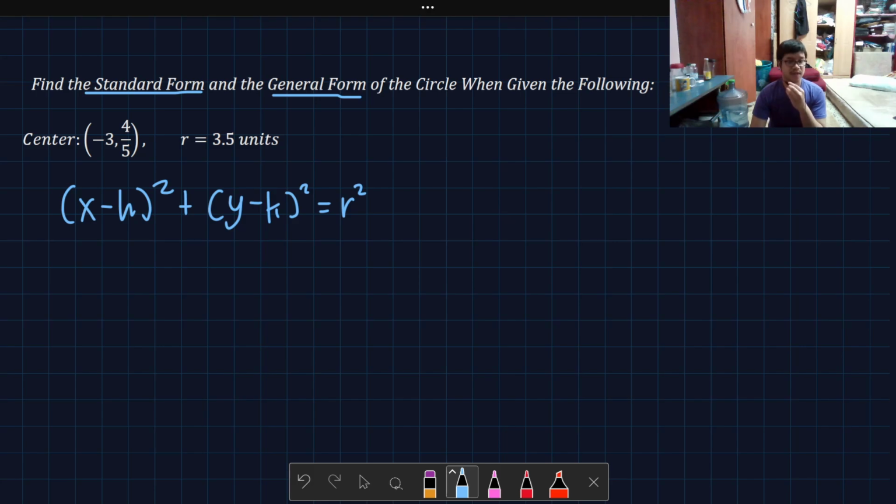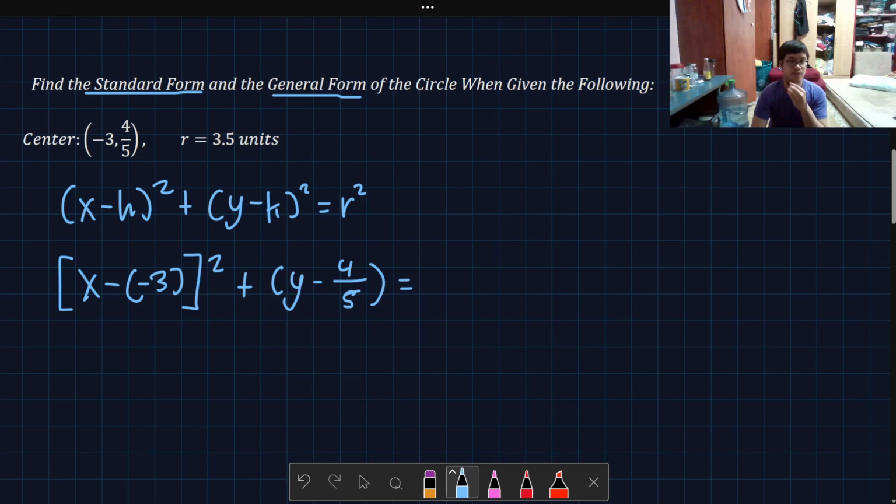So in this case, if I have h as negative 3, there must be a parenthesis for negative 3, okay? So we have quantity x minus quantity negative 3 squared, okay? Plus, here we have y minus 4 all over 5. Then is equal to r squared.